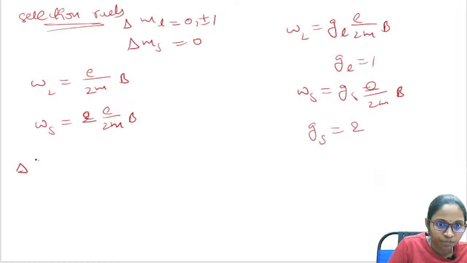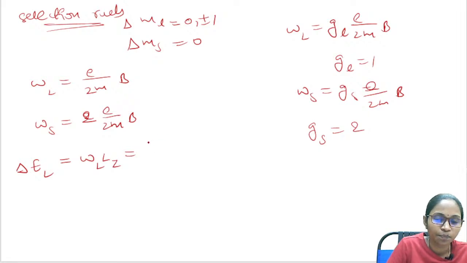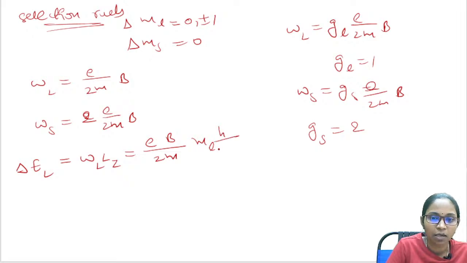And coming to the change in energy for orbital angular momentum, it will be omega L into Lz, which is equal to e by 2m times B into ML h cross. Lz will be equal to ML h cross, and h cross is h by 2 pi.